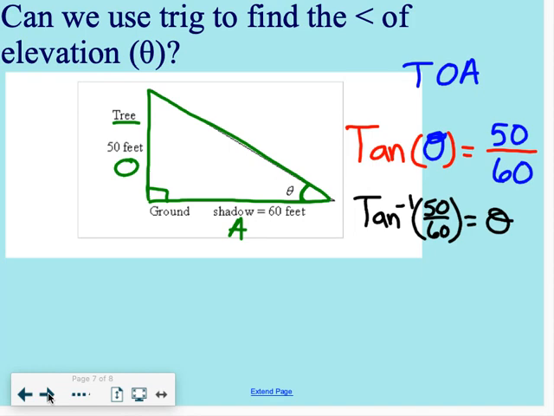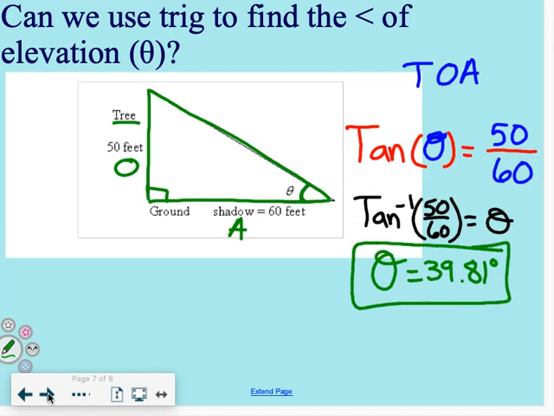In my calculator, you hit second tangent, you do 50 divided by 60, hit enter, and it is telling me that theta is equal to 39.81 degrees. That is the angle of elevation from the shadow to the top of the tree.